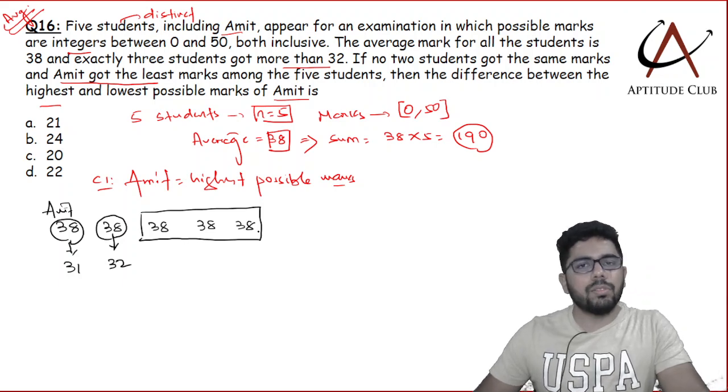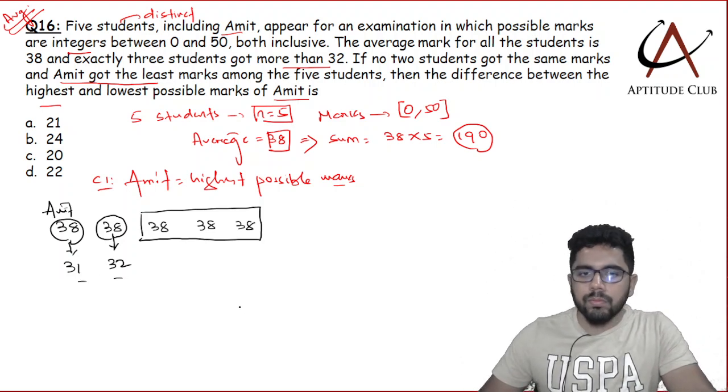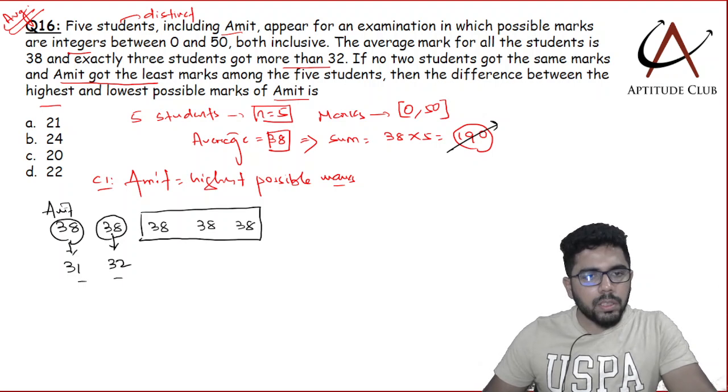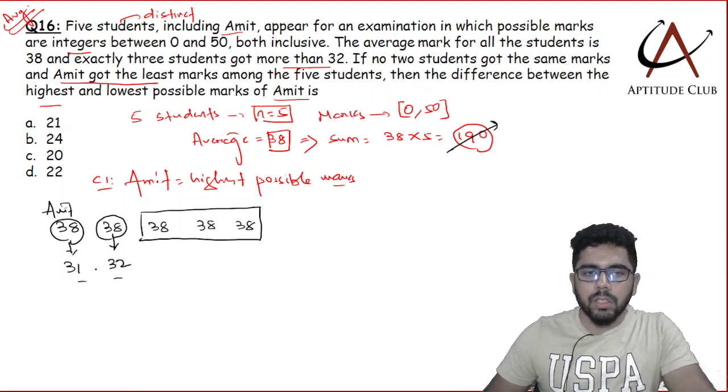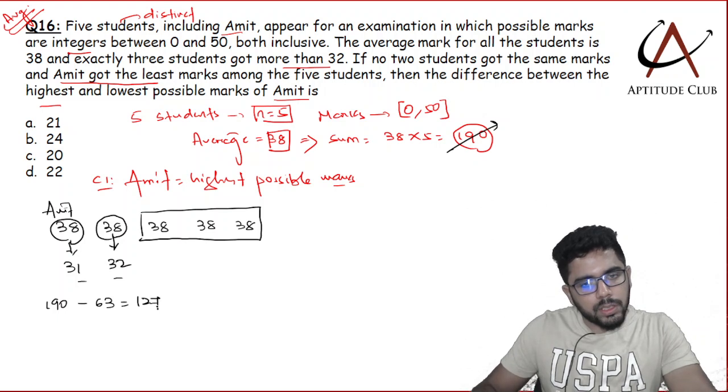And these 3 people have to be more than 32. So total sum is 190. Amit plus this second person is 31 plus 32, so 190 minus 63, I have 127.